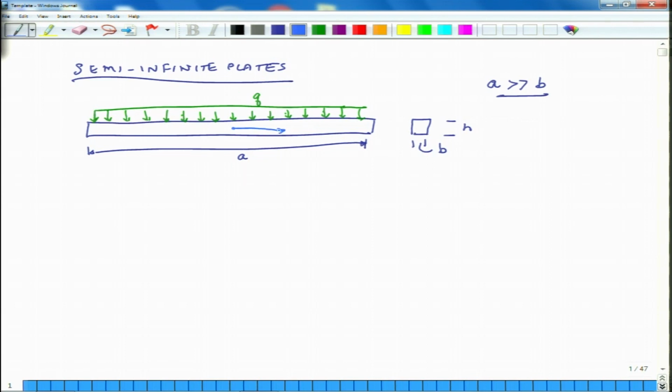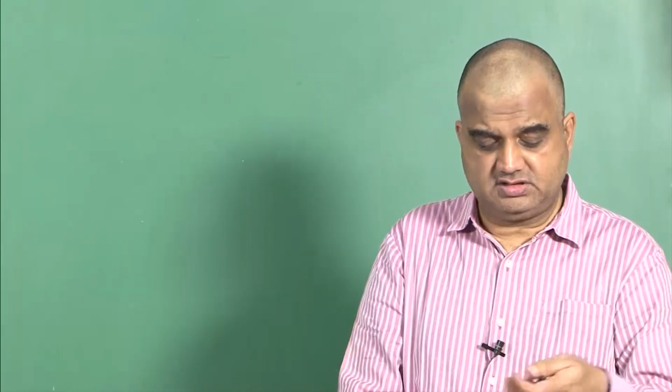My x axis is here and that is my z axis, and y axis goes normal to the direction of the board. Now, consider that there is a plate which is very long, and if I bend it, it will only develop curvature in the x direction. The curvature in the y direction will not be that significant.